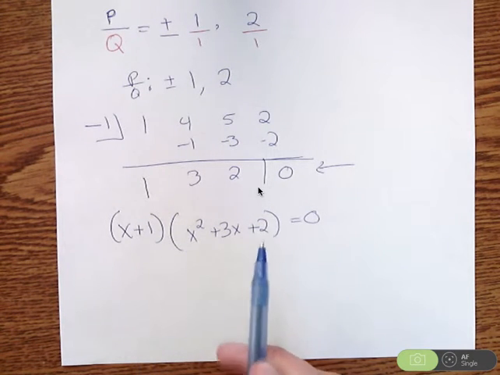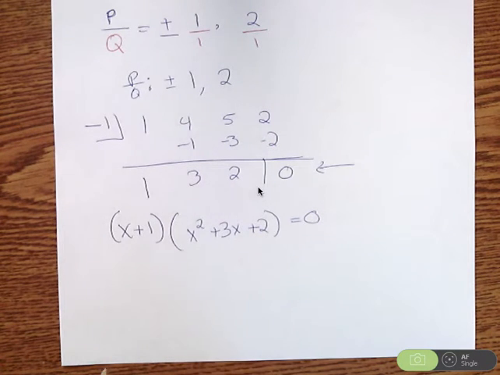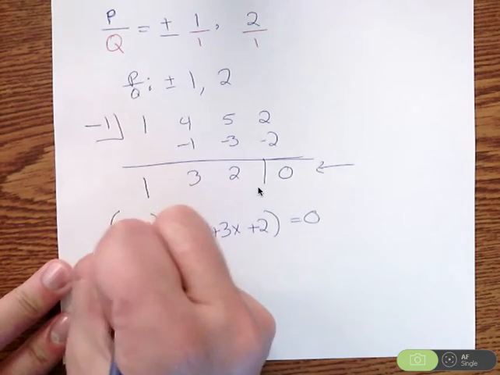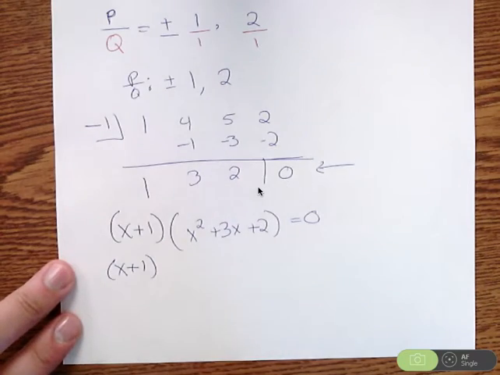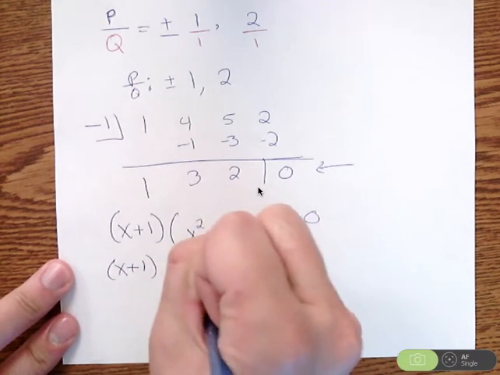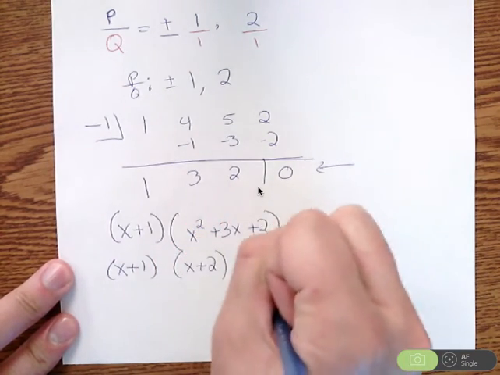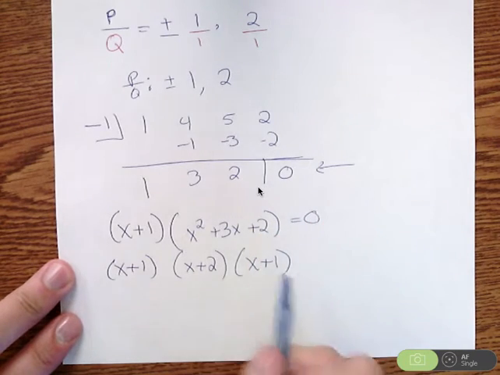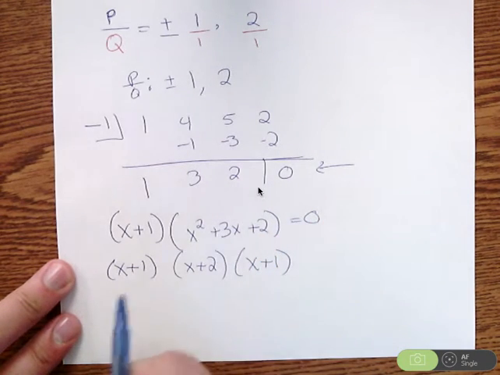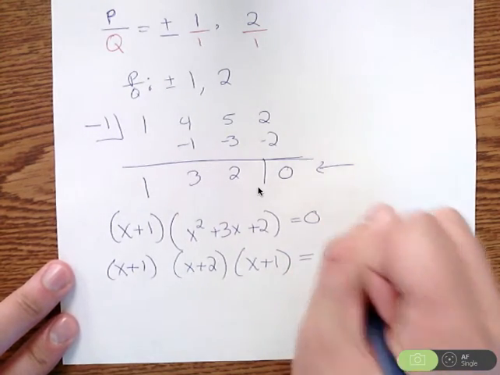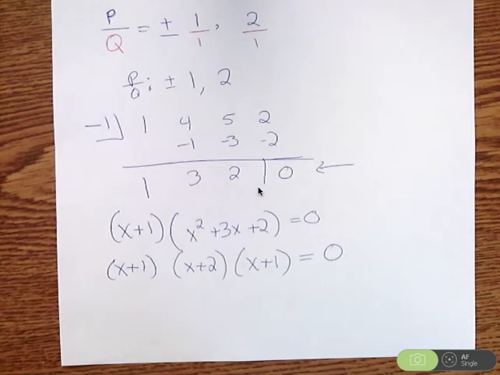Looking at this, I'll look for two numbers that multiply to positive 2, but add to 3. The two numbers are going to be positive 2 and positive 1, because those multiply to 2 and add to 3. So I have x plus 1, x plus 2, x plus 1. Those are my three factors, and we're going to set that equal to 0 still.